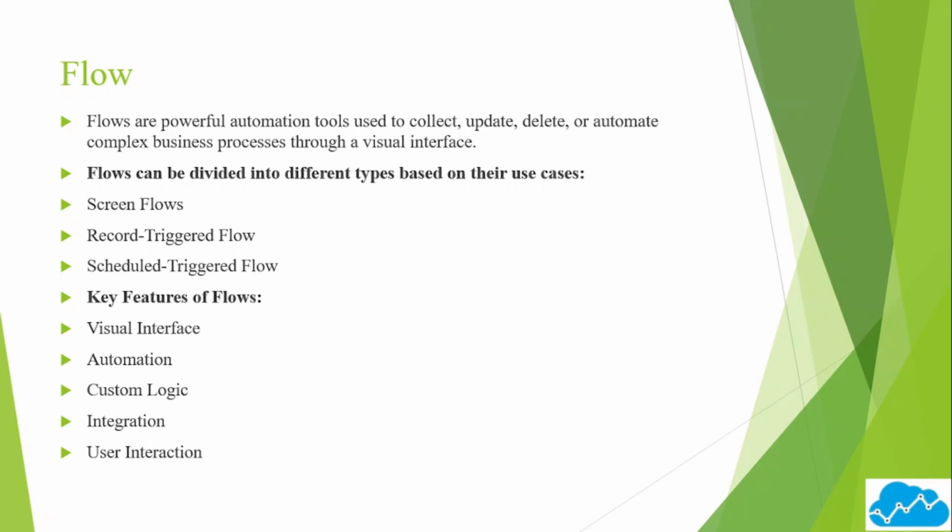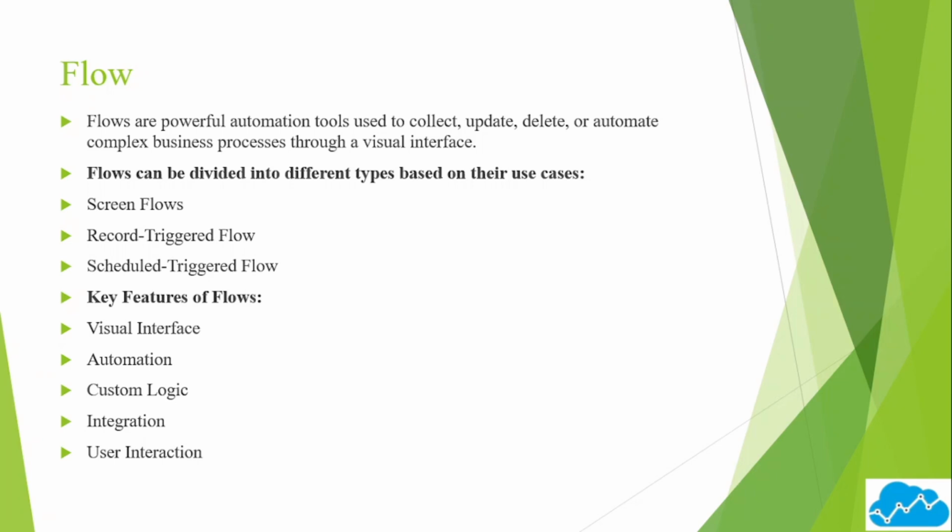Flows can be divided into different types based on their use cases. There are several types of flows to go with different types of automation needs. Some of them are screen flows, which are used to create guided step-by-step processes that require user input.